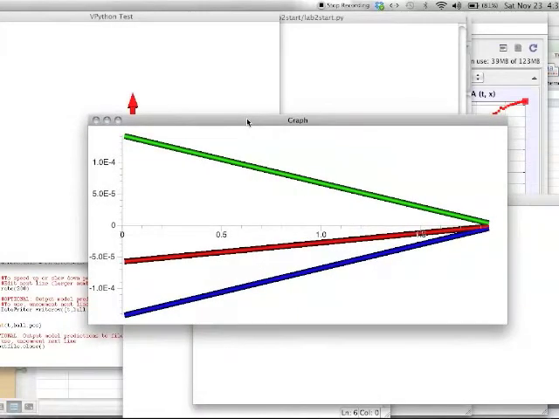This graph shows the changes in energy in joules on the y-axis and over time in seconds on the x-axis of the translational kinetic energy in blue, the rotational kinetic energy in red, and the change in thermal energy in green.